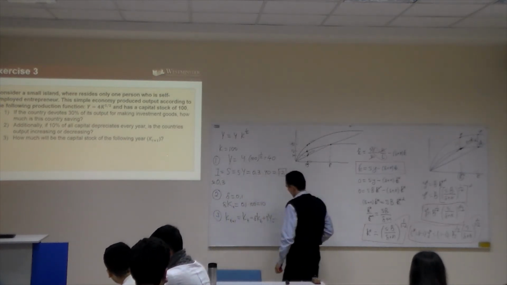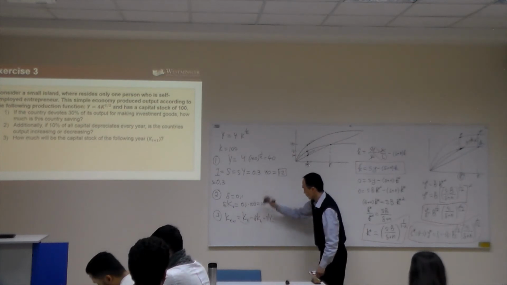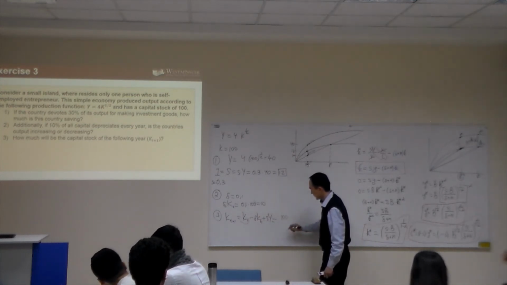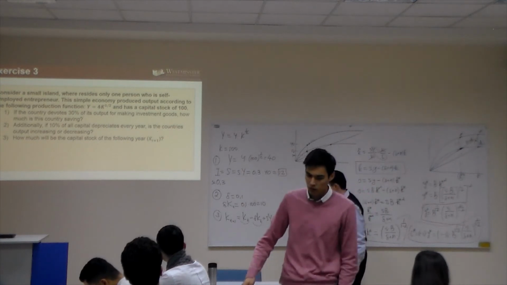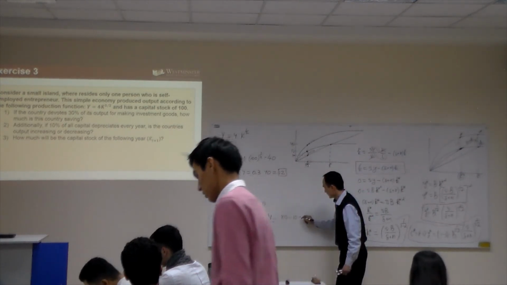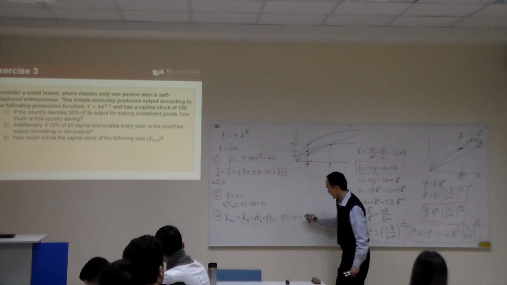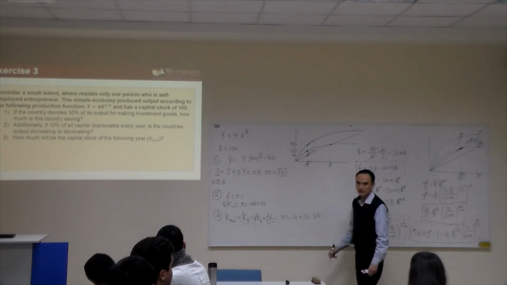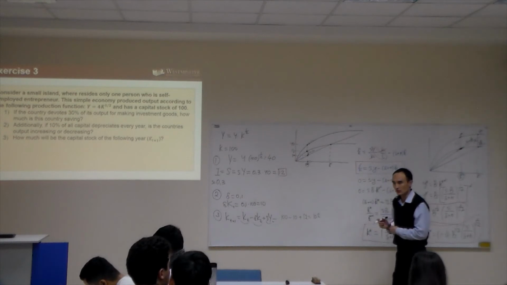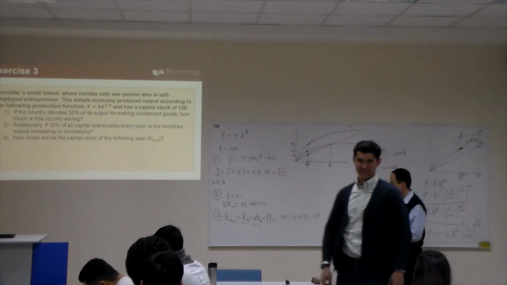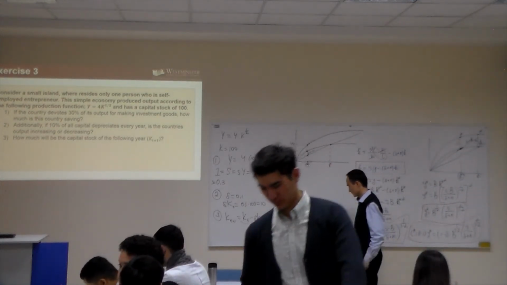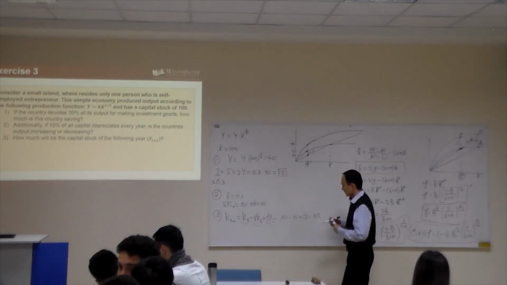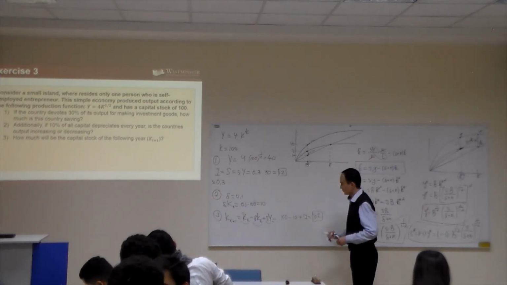The capital we already have is equal to 100. Depreciation we found is equal to 10. And we already found that investment is 12, and it will give us 102. So for the next year, it is 102.